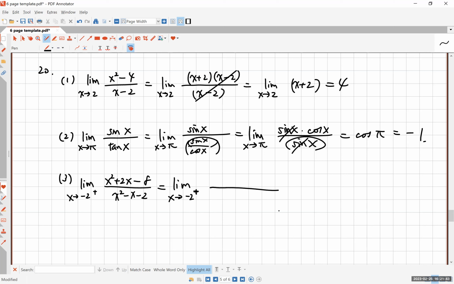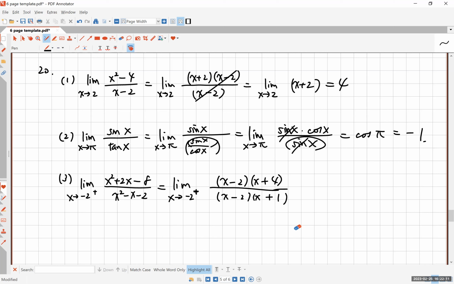I can first factor the top into x plus 2 and x minus 4. On the bottom, you have x minus 2 and x plus 1.